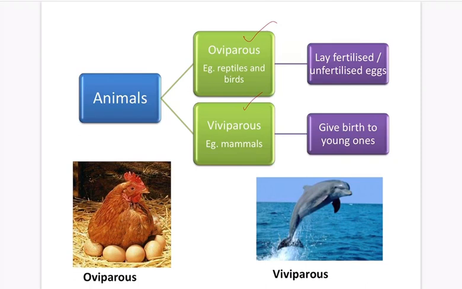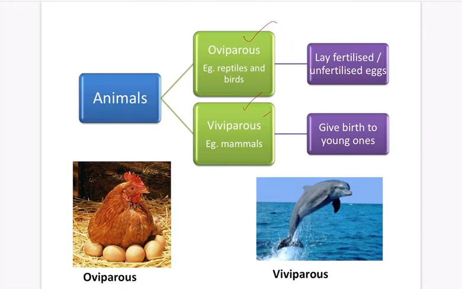You see, ovi means ovum, egg-laying animals, oviparous. Whereas in viviparous, vivi means young ones. Viviparous animals such as majority of mammals, including human beings, zygote develops into young one inside the body of a female individual. So in viviparous, there is no egg, direct development, give birth to young ones.